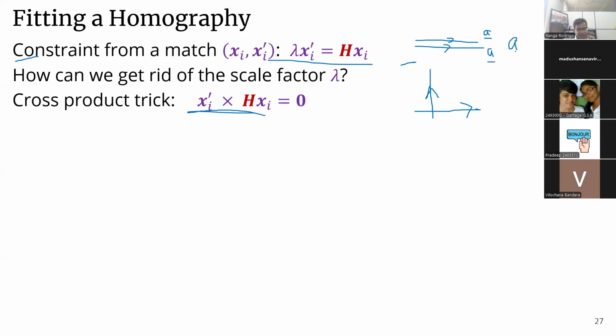So A cross A, do you remember what this is? If the vectors are parallel, they must result in 0, 0, 0. Zero vector. For perpendicular vectors, dot product is 0.